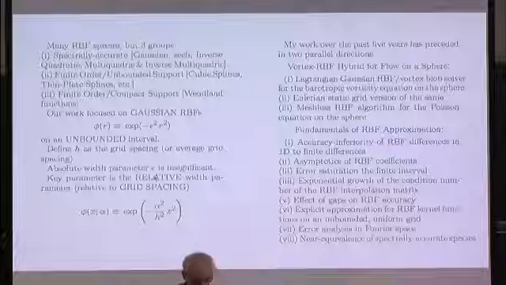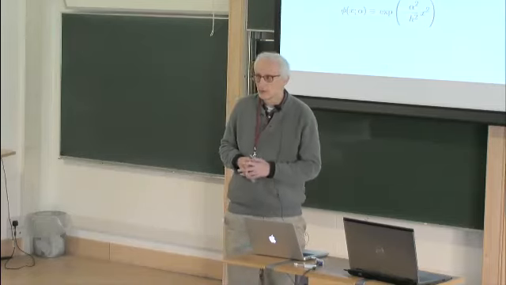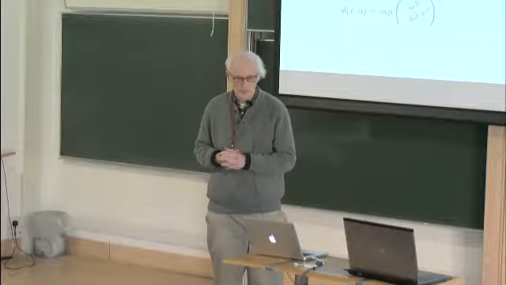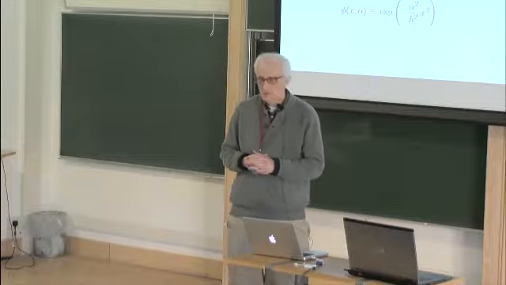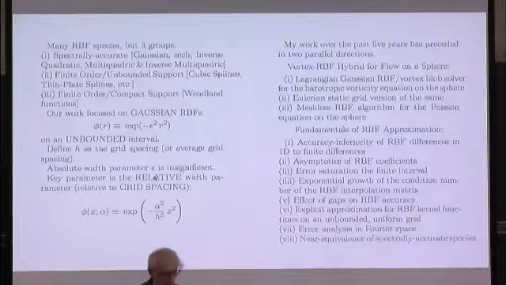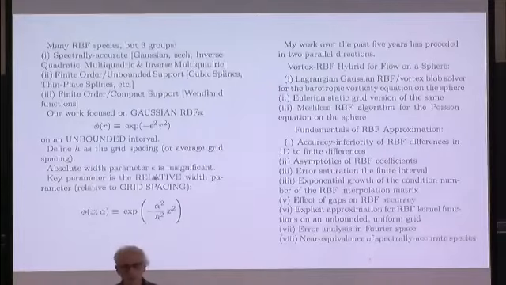The work that I've been doing over the past 5 or 6 years has gone along two parallel tracks. One is to develop a Lagrangian Gaussian RBF vortex blob solver, which is the first thing I'll talk about. But I've also done a lot of work on the fundamentals of RBF approximation.